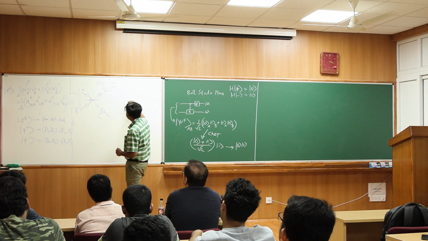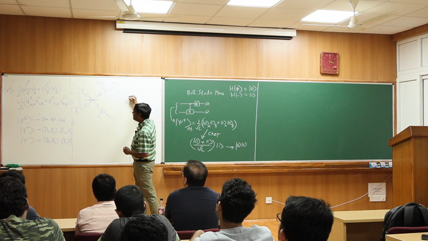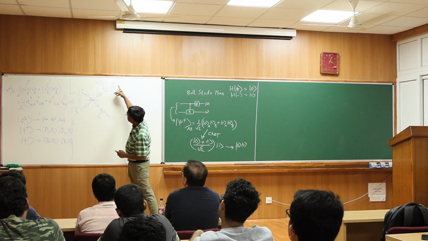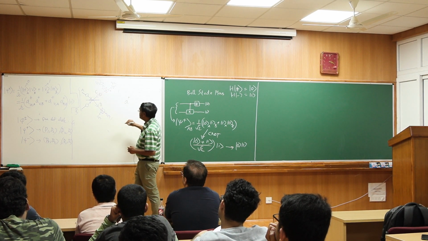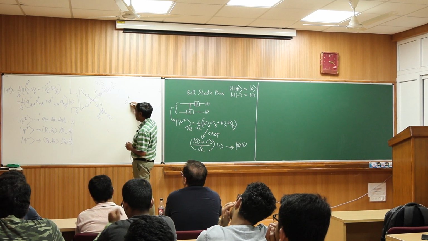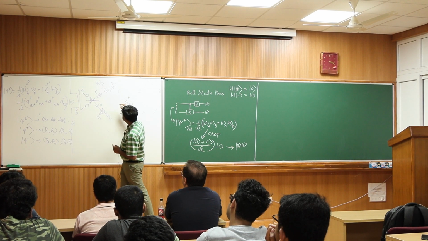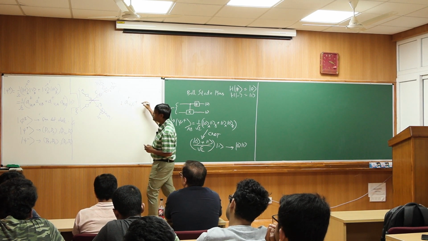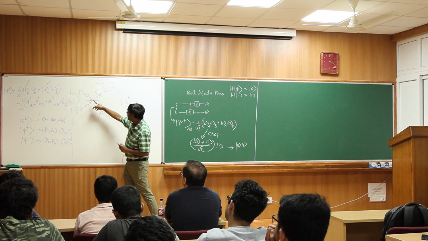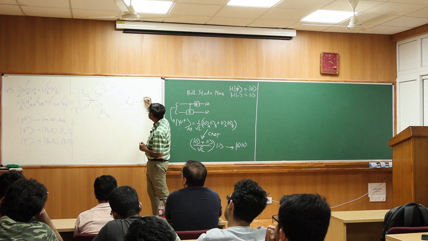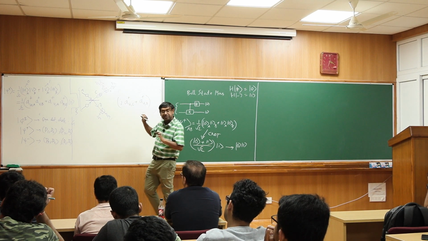A dagger H A, we'll call this C and this D, will go to i a dagger H C plus a dagger H D. I'm not doing the normalizations now.